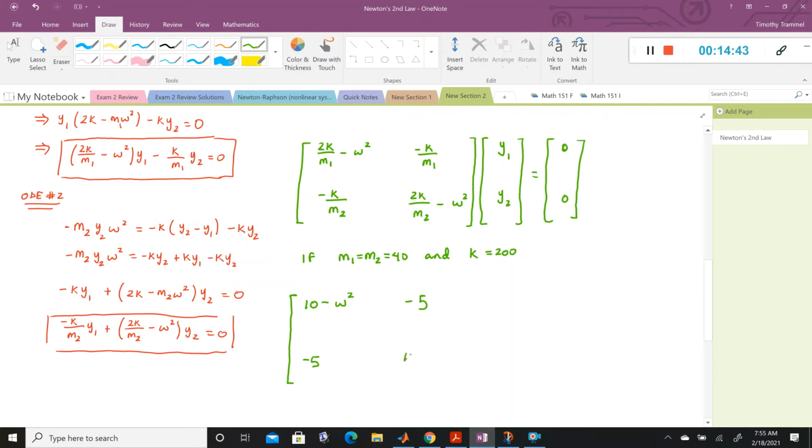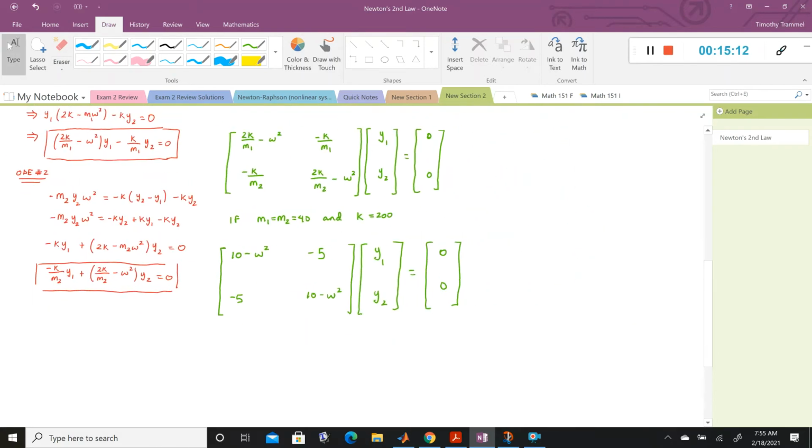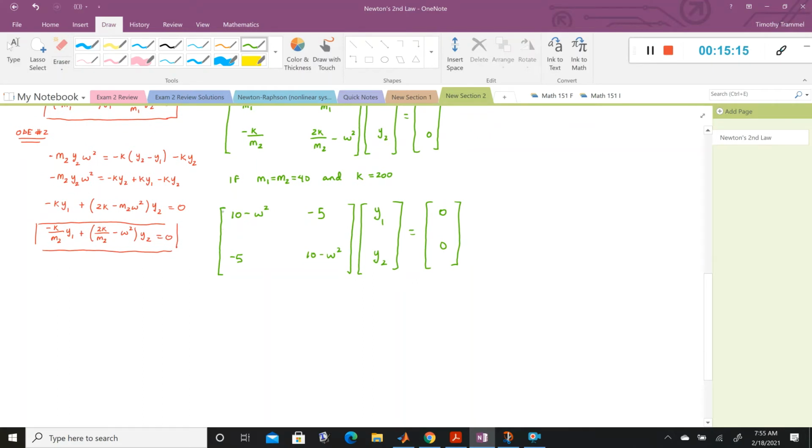And over here we'll get this 10 minus omega squared. And what this means is that we can find some useful information here by just finding the eigenvalues of the matrix 10, minus 5, minus 5, 10.